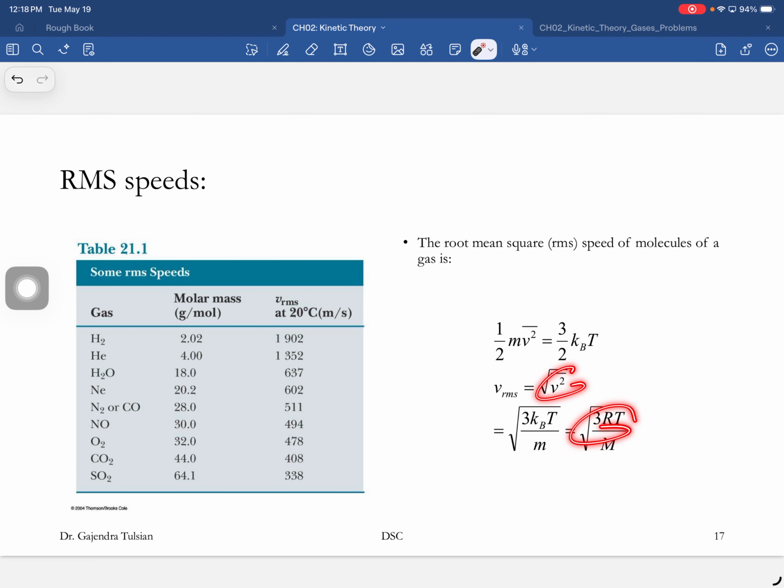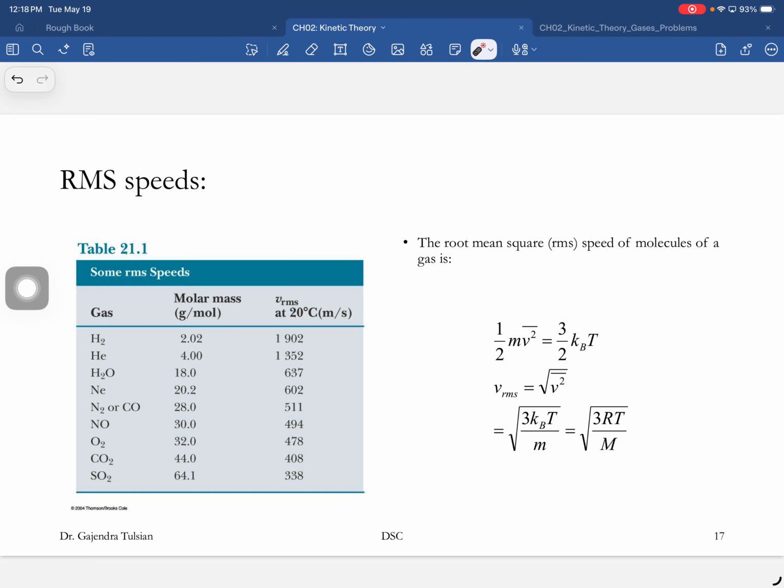The average speed is given by that expression. This expression is using Boltzmann's constant and the mass of a single molecule, and you can write it as the gas constant divided by the molar mass, the mass of a mole of the gas.